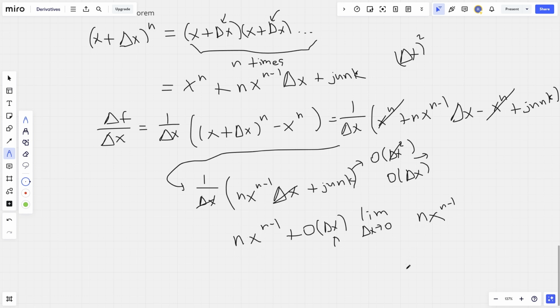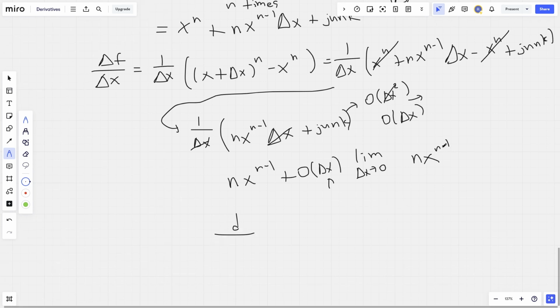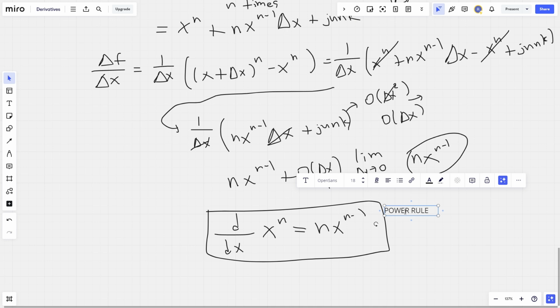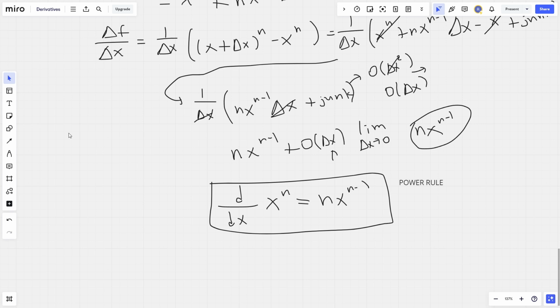And this is the derivative. So d over dx of x to the n is n times x to the n minus 1. This we call the power rule, and it extends to every polynomial.